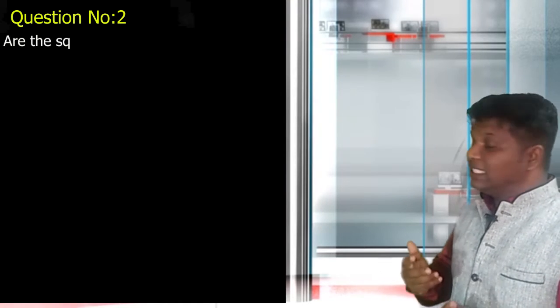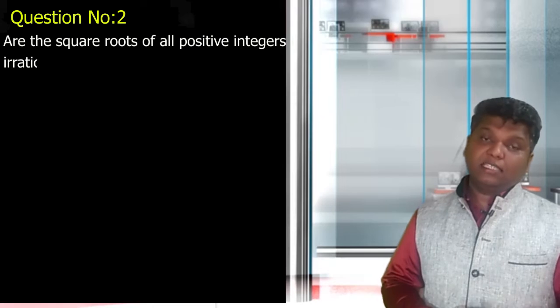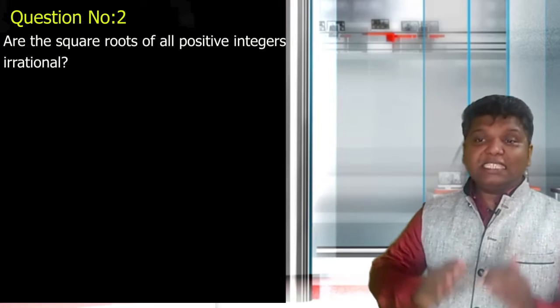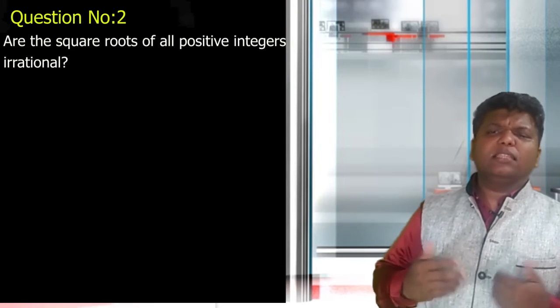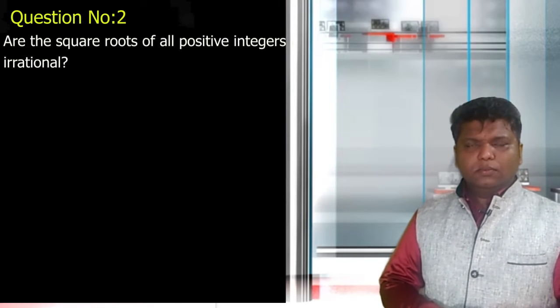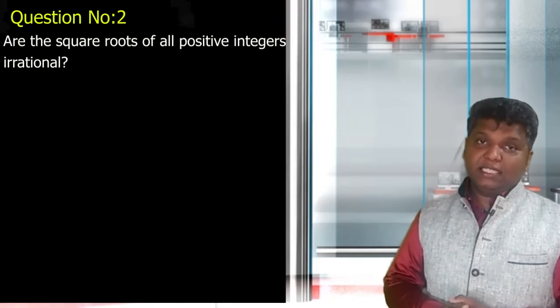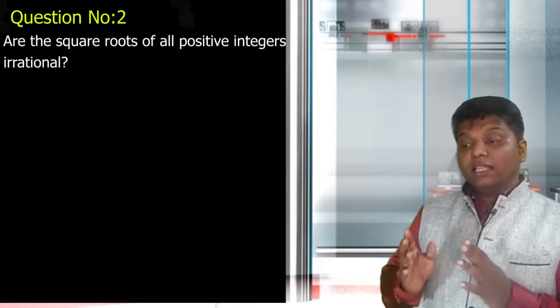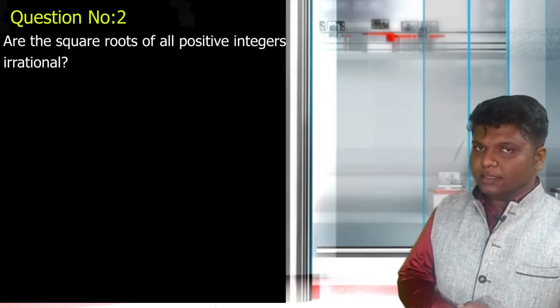Second question, are the square roots of all positive integers irrational? If you are taking the square root of all positive integers, whatever positive integers are there, they should be irrational. Is it like that?